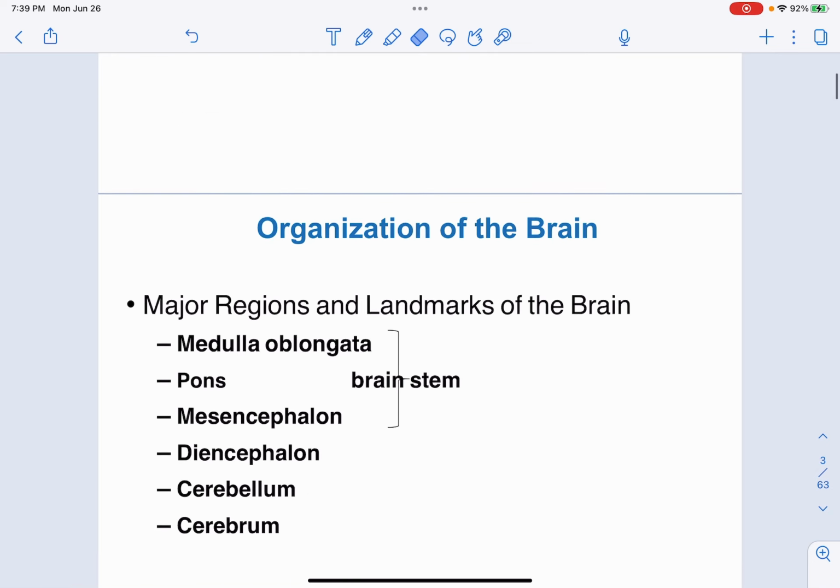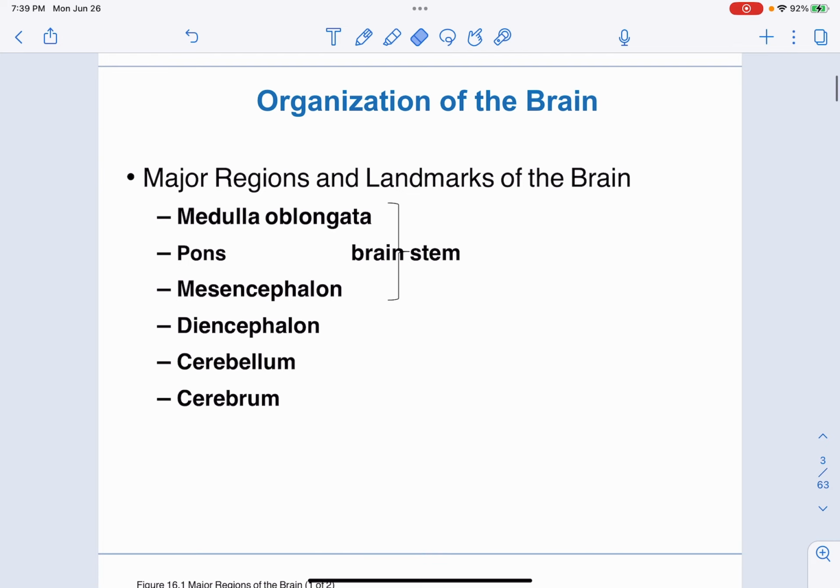So let's start by talking about how the brain is organized. I'll give you a brief overview of some of the structures that we're going to talk about throughout this lecture. This is kind of in an inferior to superior order. So we'll talk about the medulla oblongata.